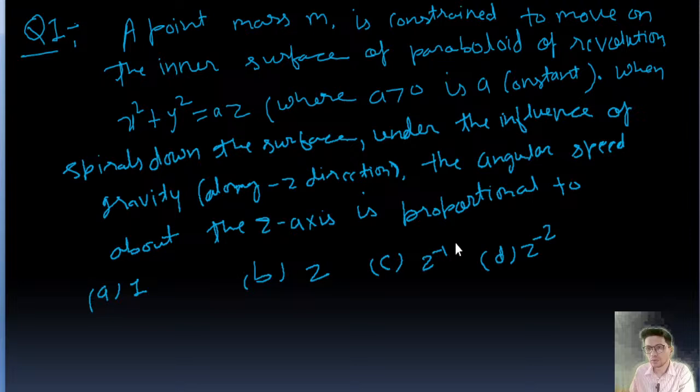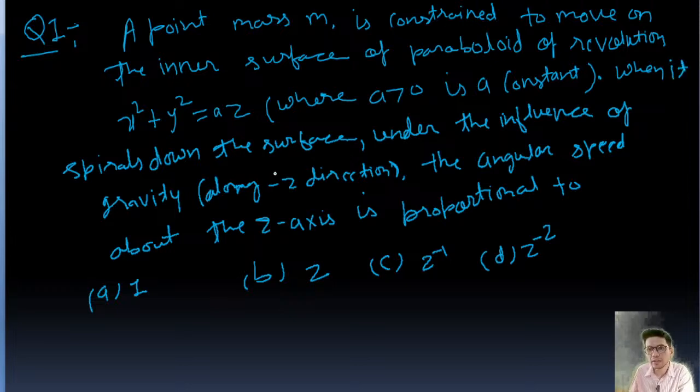So the question is, I'll read it for you. A point mass m is constrained to move on the inner surface of a paraboloid of revolution. The equation is given: x square plus y square equal to az, where a is a constant greater than 0.